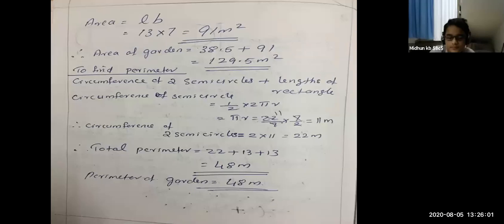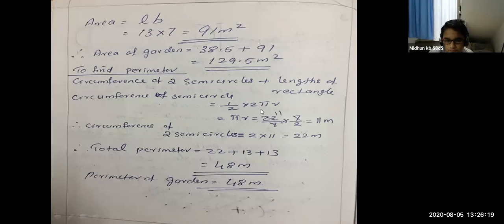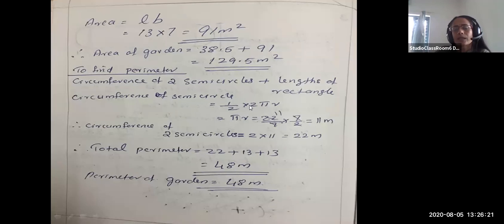But we have a semicircle. So for getting the circumference of a semicircle, what we have to do? We have to divide it by 2. So 1 by 2, half of the circumference of a circle. So half of 2 pi r, that is pi r.